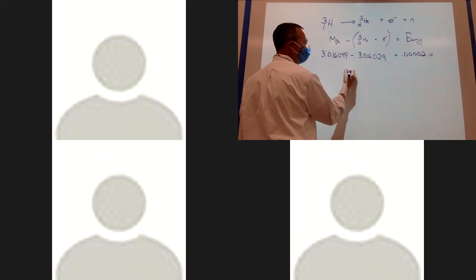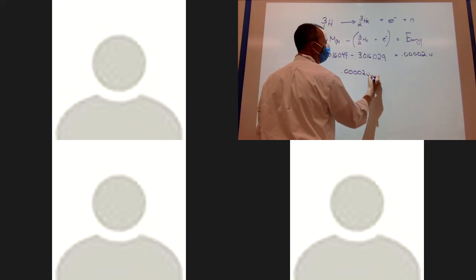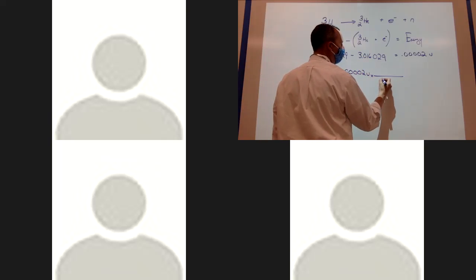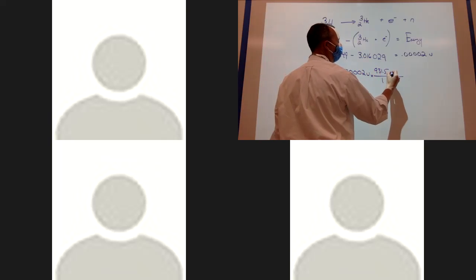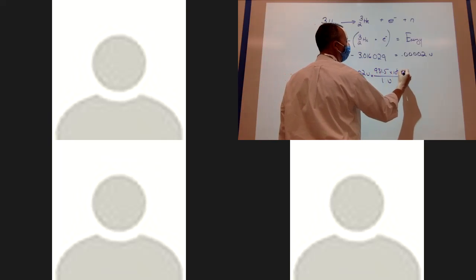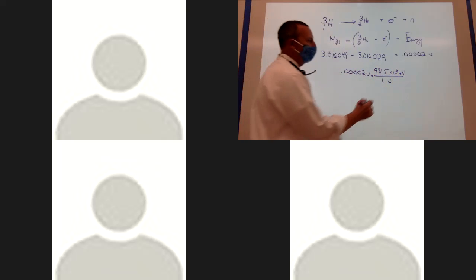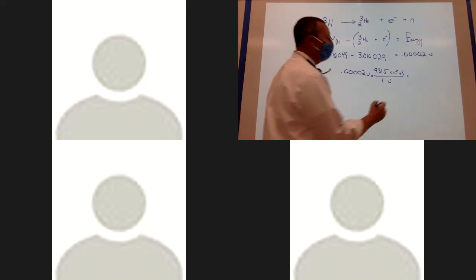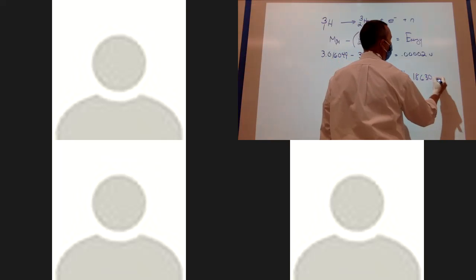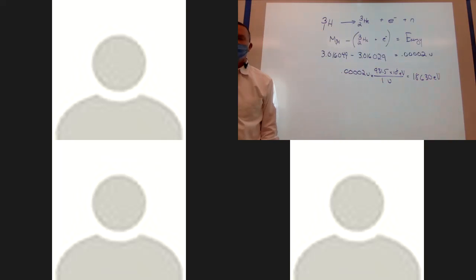So 1 AMU is 931.5 times 10 to the 6th electron volts. Which turns out to be 18,630 electron volts. Okay.